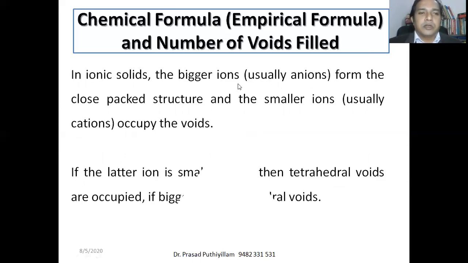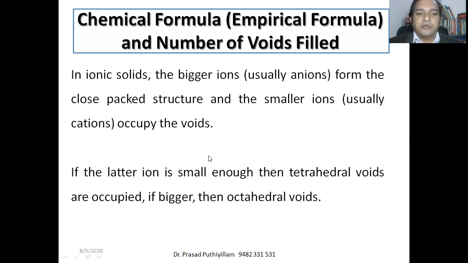In ionic solids there are positively charged ions and negatively charged ions. Usually the negatively charged ions are bigger in size. Therefore the bigger ions, the anions, form the structure of the close packing, and the smaller ions go and occupy the voids in between.